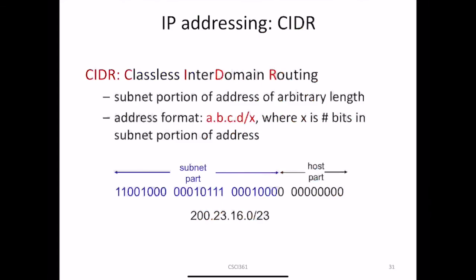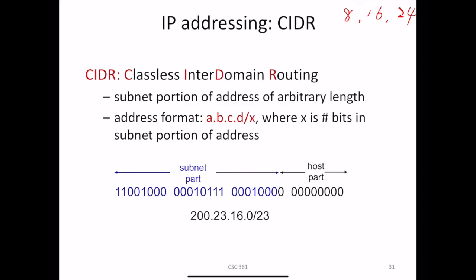Then let's see the IP addressing CIDR. So in the early age, the subnet mask can only be 8, 16, 24, this kind of numbers. That means they divided the subnet only by each decimal number.